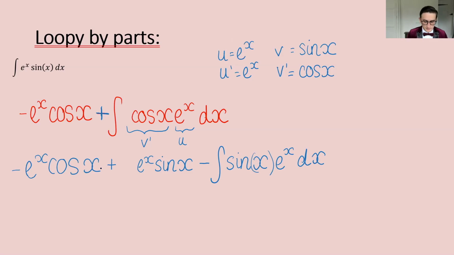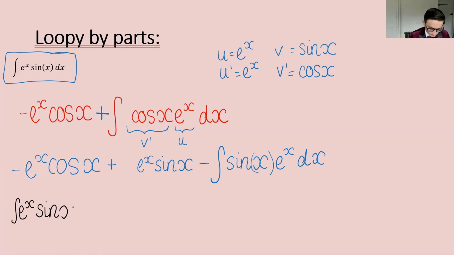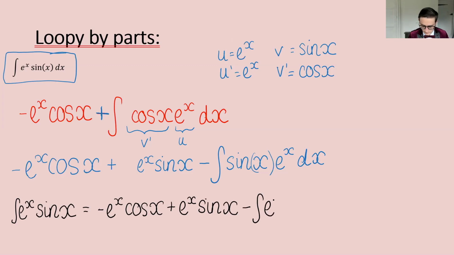At this stage, I was trying to work out this integral. So let's rewrite the whole thing. I've got that the integral of e to the x sine x is equal to minus e to the x cos x plus e to the x sine x minus the integral of e to the x sine x with respect to x.